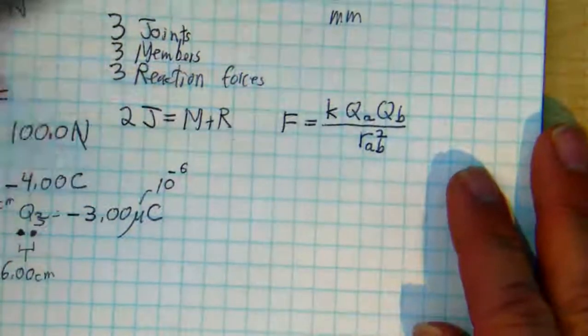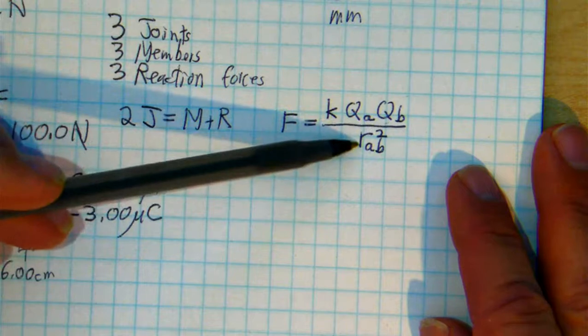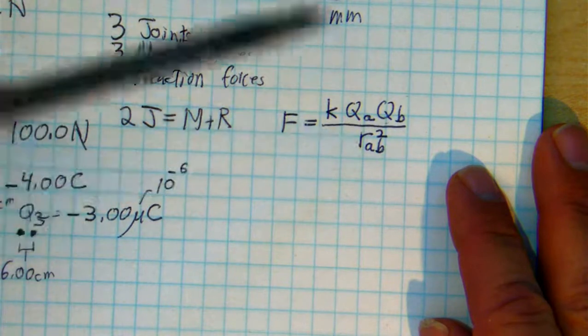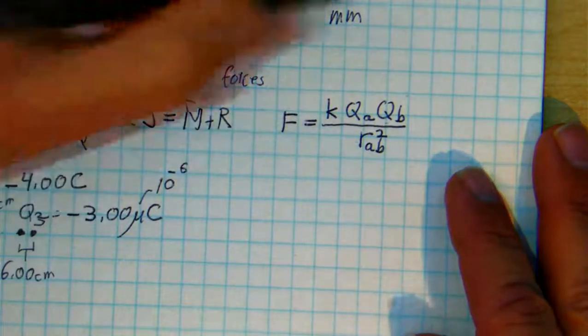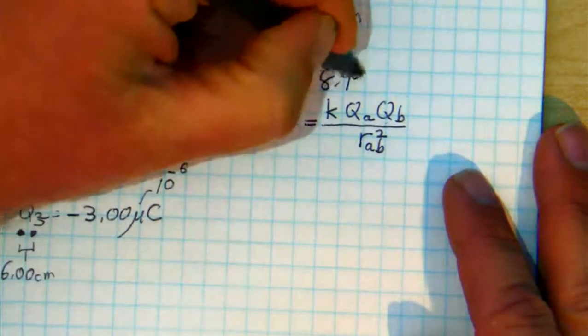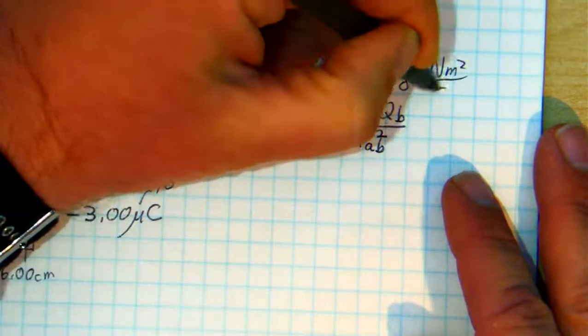Q has to be expressed in units of coulombs. R has to be expressed in units of meters, not centimeters. K is Boltzmann's constant that has a value of 8.99 times 10 to the 9th power newtons meters squared per coulomb squared.